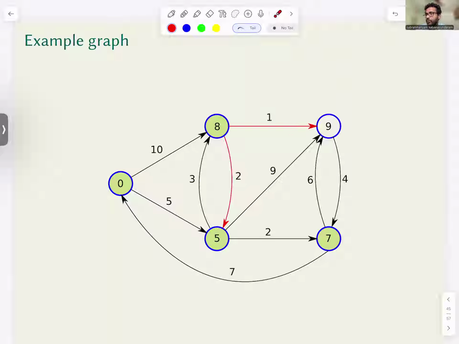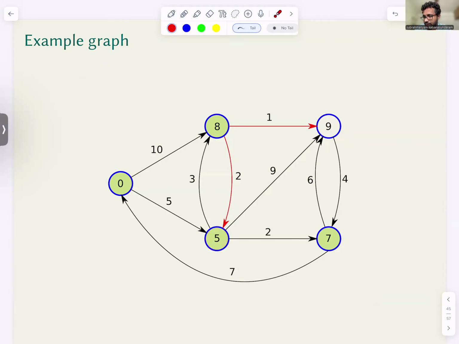Now, if you want to find a shorter path, let's say 7 was DQ'd after 5. In order to update the D value of the vertex labeled 5, we would need a path where 7 plus that number is less than 5.